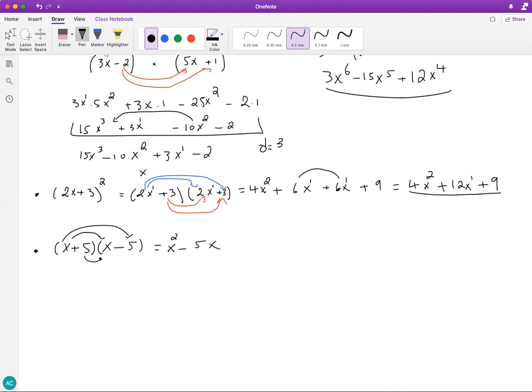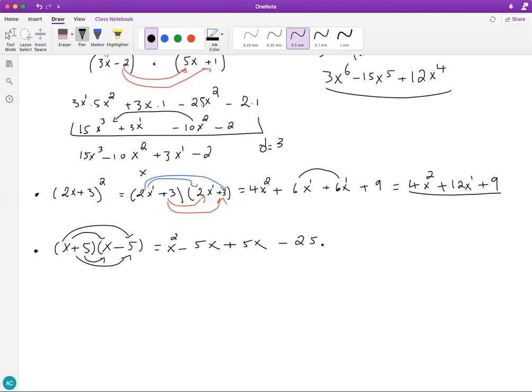That's right. Then positive 5, plus 5x, minus 25. That's right. So be careful with signs when you multiply. When you multiply two terms, first get the sign. Plus times plus is a plus. Plus times a minus is a minus.